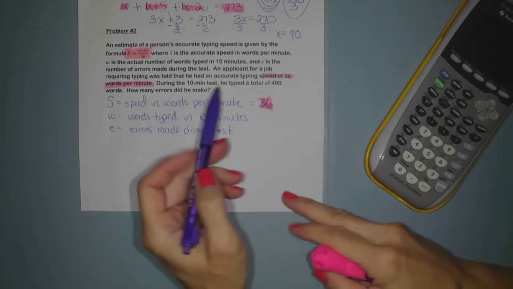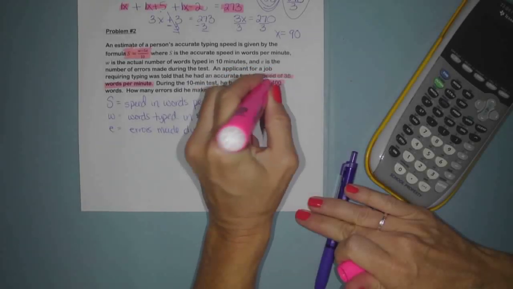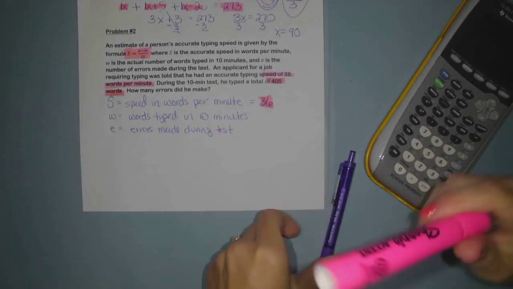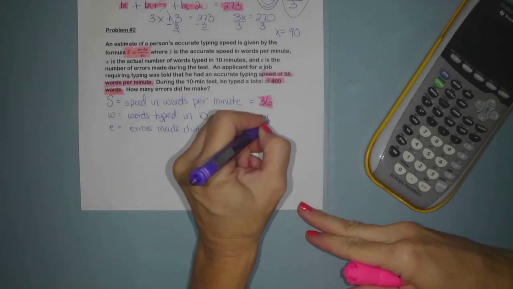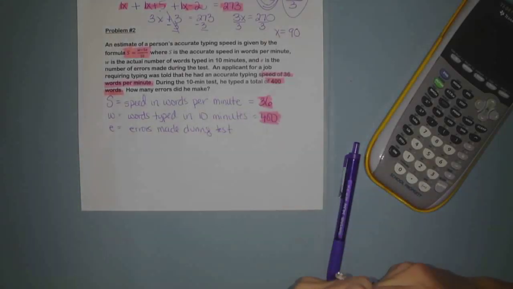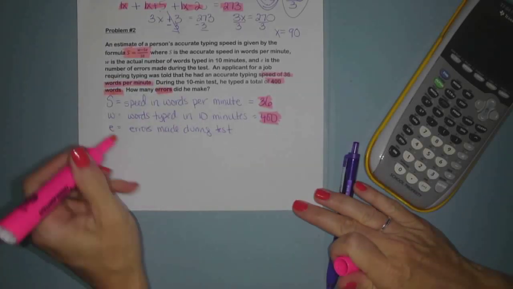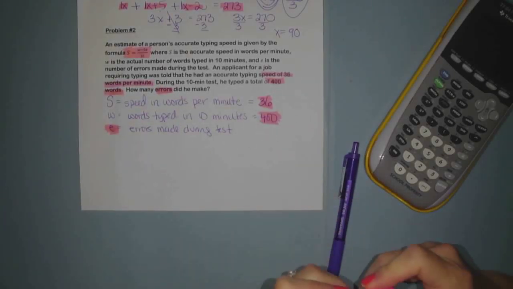During the 10-minute test, he typed a total of 400 words. So his words is equal to 400. They're giving me that. Sweet. What do they want me to find? How many errors did he make? This is what we need to find, E.